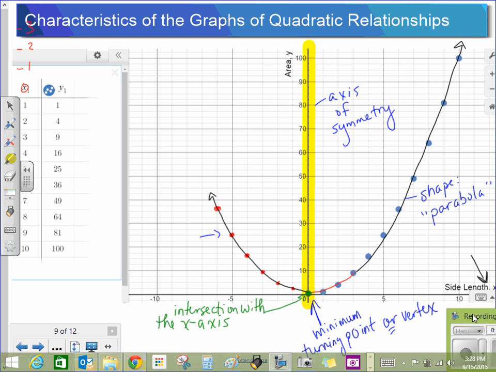When that happens, the value of x for the intersection is called a 0. Not because of the specific number 0, there's more to come on that topic, but that intersection point with the x-axis for any graph, not just quadratics, is called a 0.